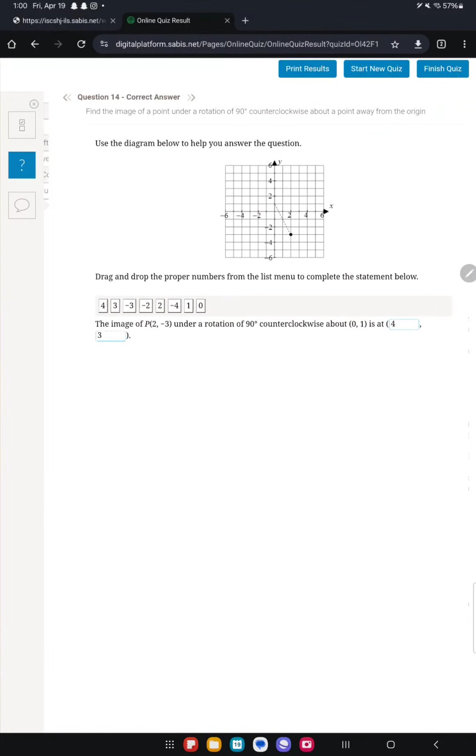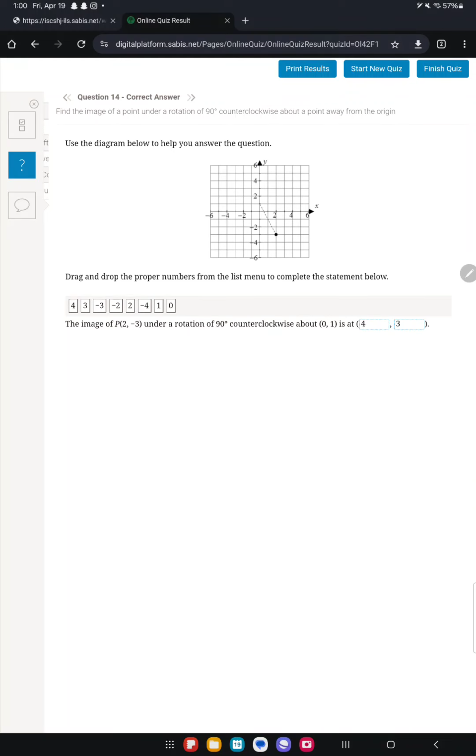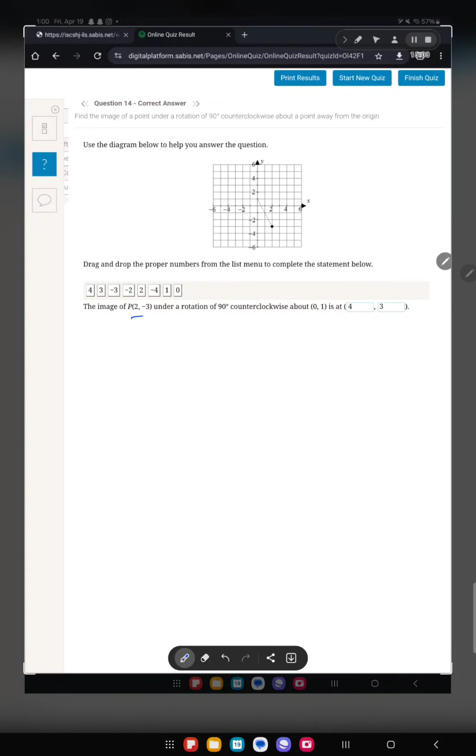Question 14. The image of 2, minus 3 under rotation of 90 degrees counterclockwise about 0, comma 1. Okay, again, rotation. Whenever you have a rotation about a point, what's the first step? It's find the translation, right? How do you do it?